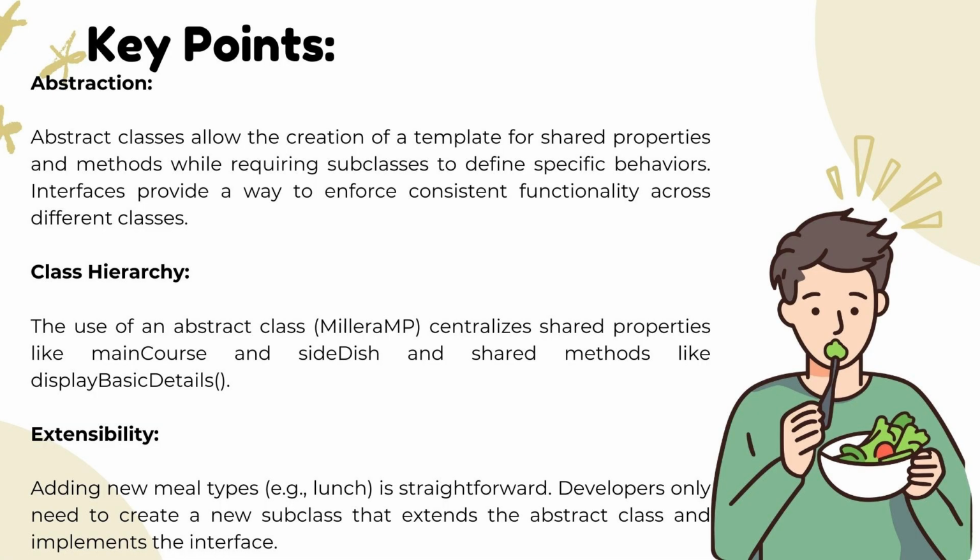Abstraction. Abstract classes allow the creation of a template for shared properties and methods while requiring subclasses to define specific behaviors. Interface provides a way to enforce consistent functionalities across different classes.